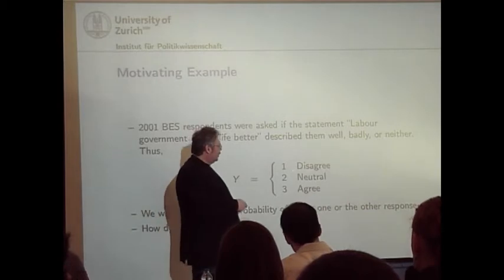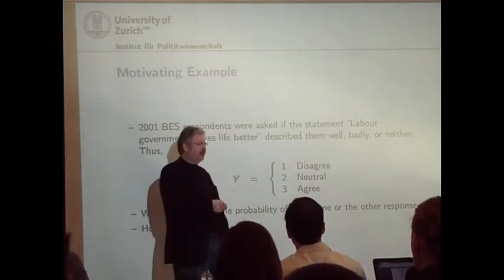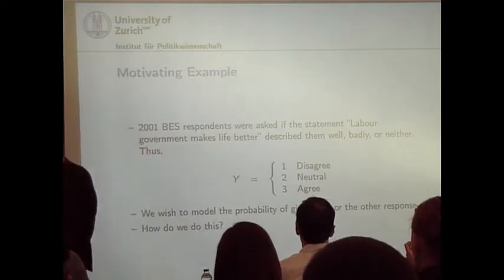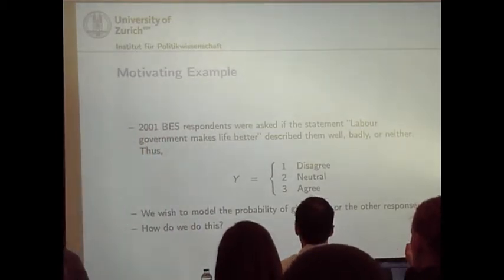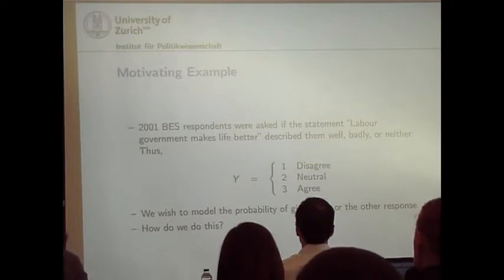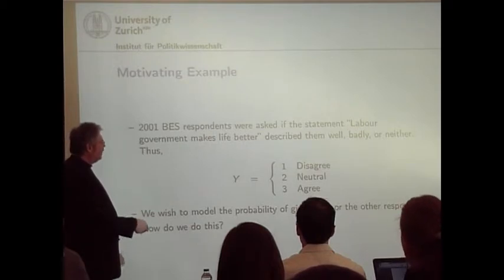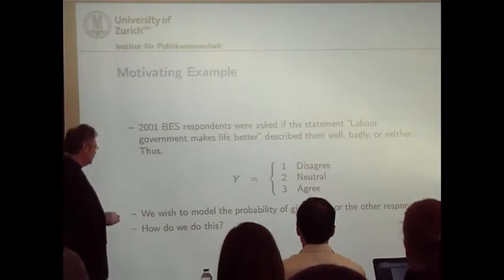If you have less of it, you will tend to disagree with the statement, and if you have more, you will tend to agree with the statement. That's the very idea that I'm going to exploit, this idea of an underlying property, and that is what is going to be used to model the probability of giving one or the other response.